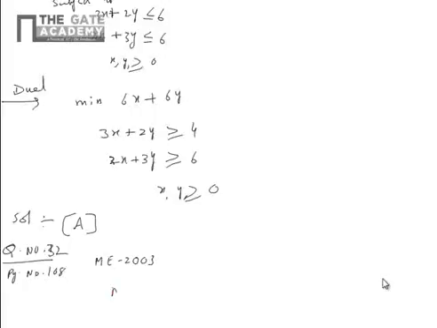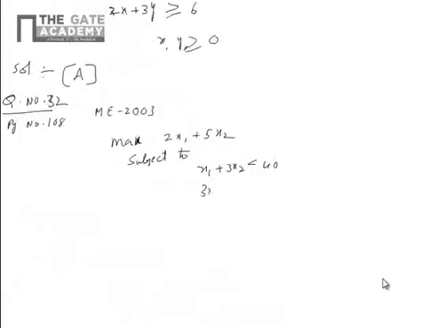So profit means always maximizing profit, right? So maximize 2x1 plus 5x2, subject to two constraints: x1 plus 3x2 less than or equal to 40, and 3x1 plus x2 less than or equal to 24.